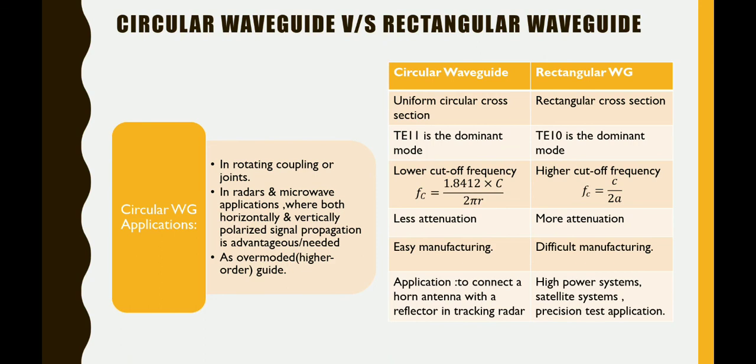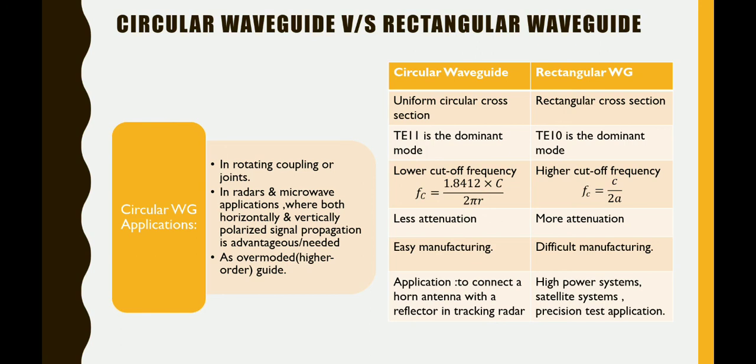The lower cutoff frequency for circular waveguide is given by 1.8412 into c by 2 pi r, whereas for the rectangular waveguide the fc is calculated as c by twice a, where a is the width, the longer dimension of the rectangular cross section.